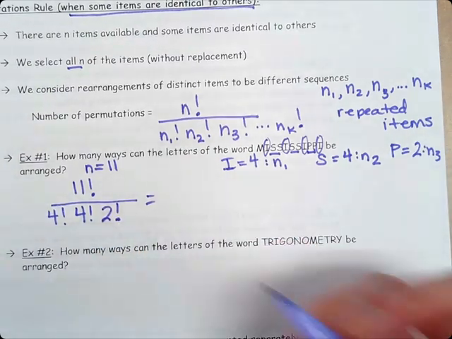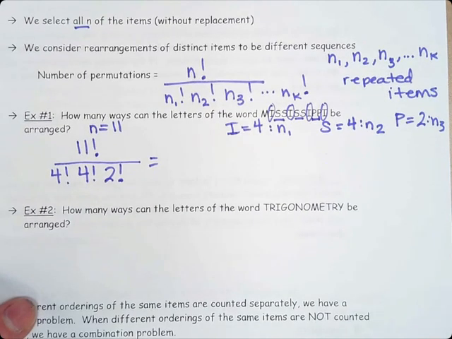No shortcut here. We're just going to have to put it in our calculator just like that. So go ahead and do that. This tells you how many different combinations or arrangements there are.